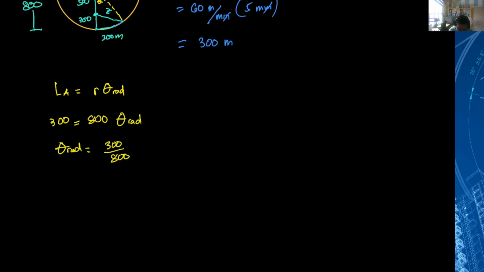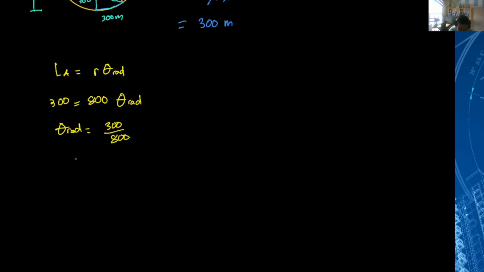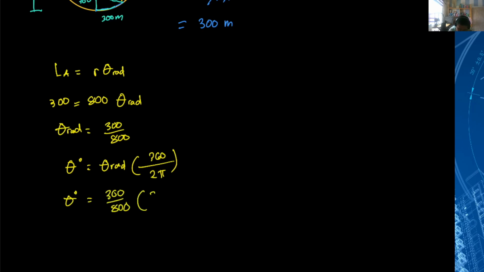Okay? Because this is in radian, we must convert this into degrees. So theta in degrees equals theta in radian multiplied by what? So what is the conversion? 360 over 2 pi. Okay? So therefore, theta in degrees, substitute: 300 over 800 times 360 over 2 pi.